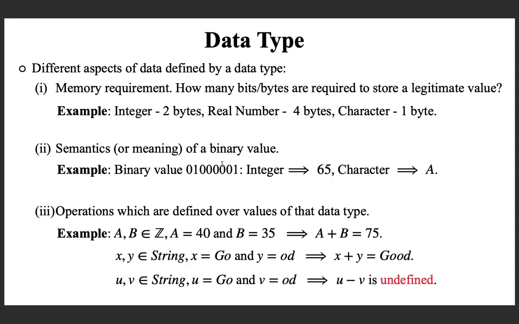So the data type integer has a separate implementation for addition than the data type float. So operations are also decided by the data type. So these are the various aspects that a data type defines.